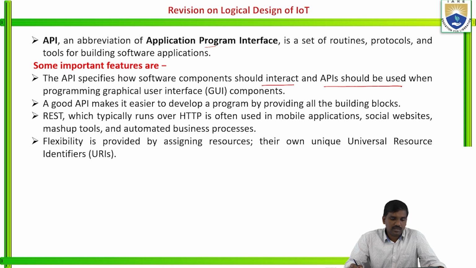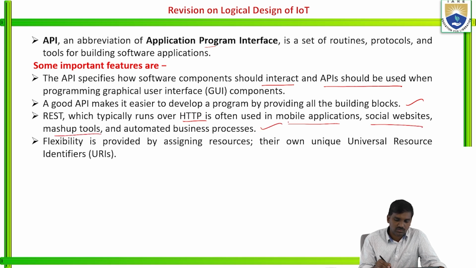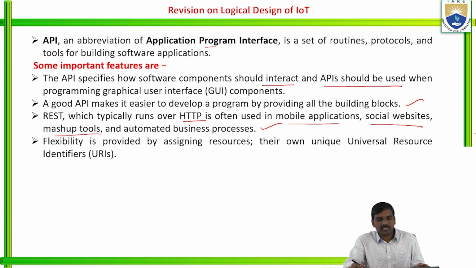A good API makes it easier to develop a program by providing all the building blocks. REST, which typically runs over HTTP, is often used in mobile applications, social websites, mashup tools, and automated business processes. Flexibility is provided by assigning resources their unique universal resource identifier, URI.